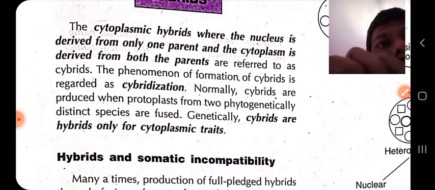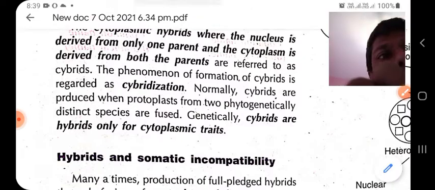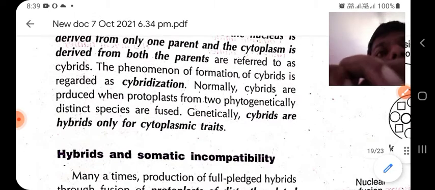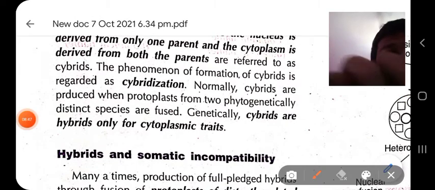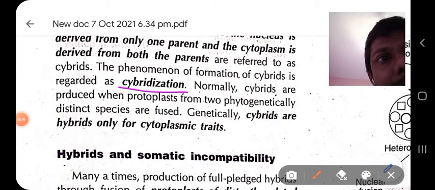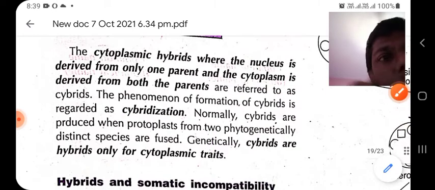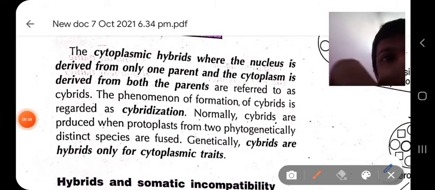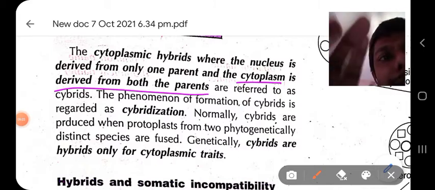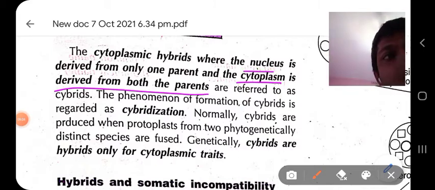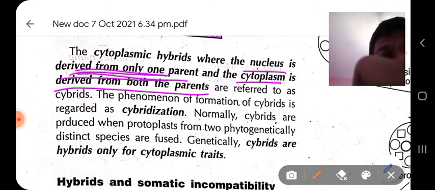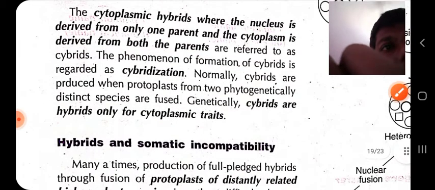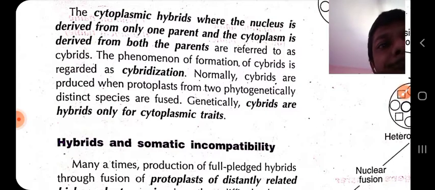The process through which this formation occurs is called cybridization. So only the cytoplasm has been fused, the cytoplasm is derived from both the parents, which just means it has fused together, and the nucleus is derived from only one parent.